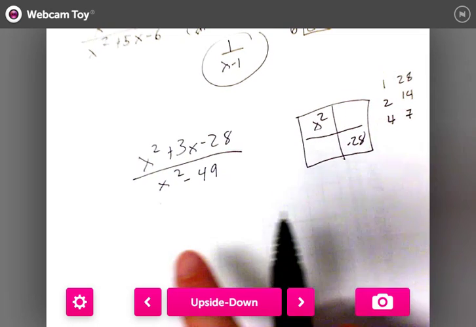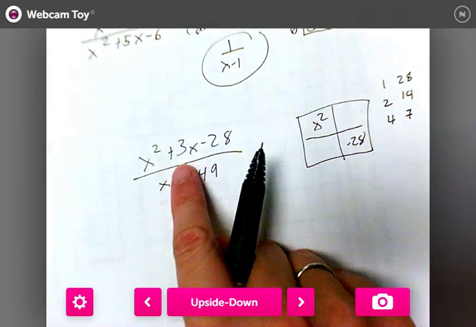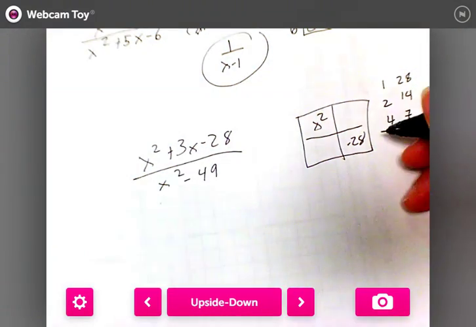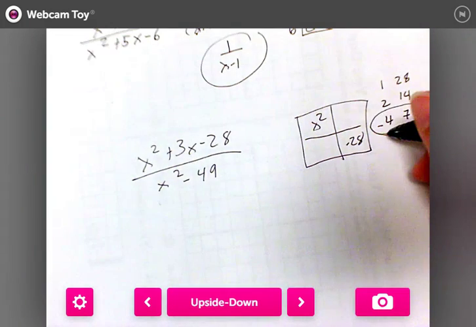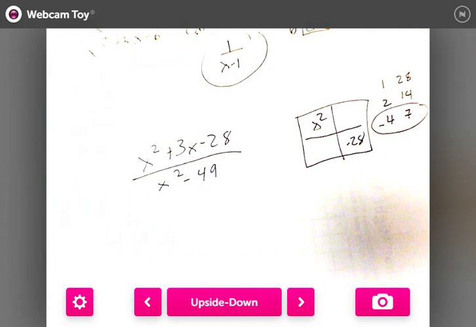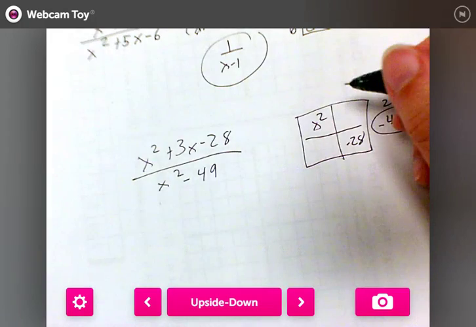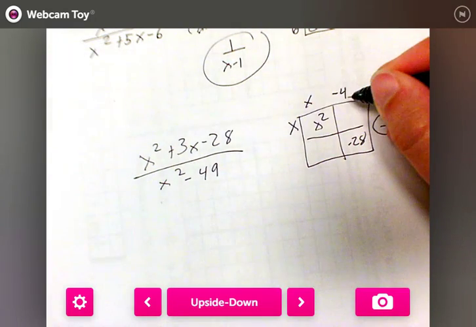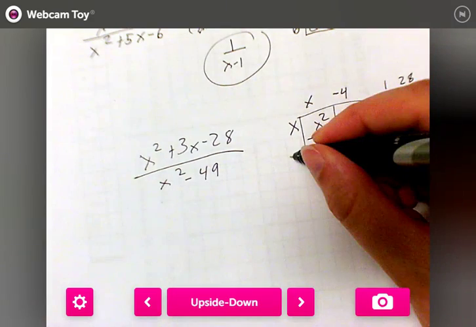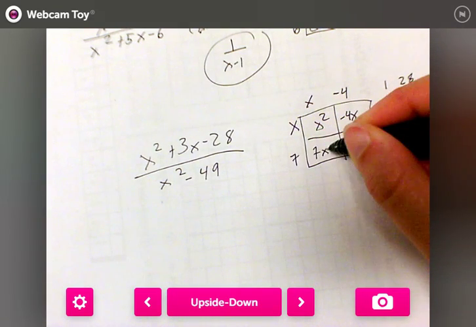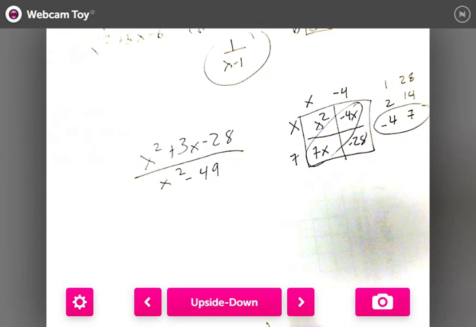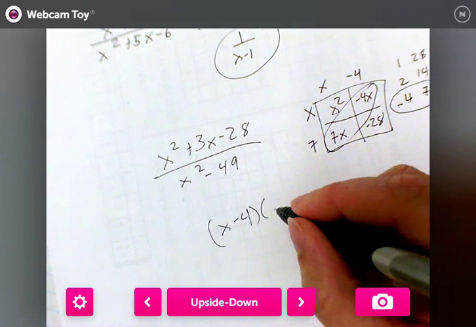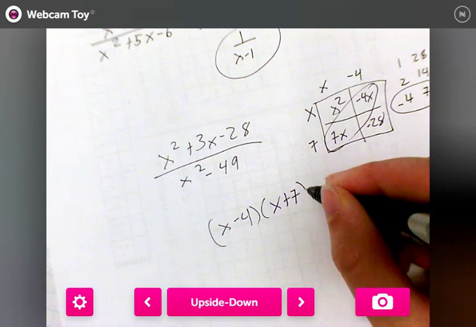Which ones, when I add them together, could give me a positive 3? What if I had negative 4 and positive 7? Those give me a positive 3 when I add them together, right? Okay. So I'm going to say we've got x and x. We've got negative 4, positive 7. That gives me a positive 3. So we've got x minus 4, x plus 7.